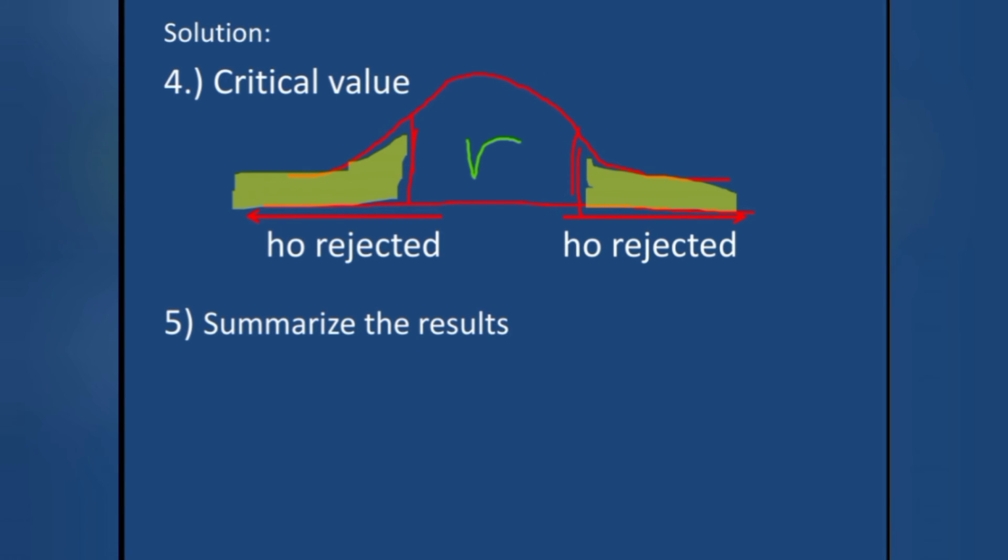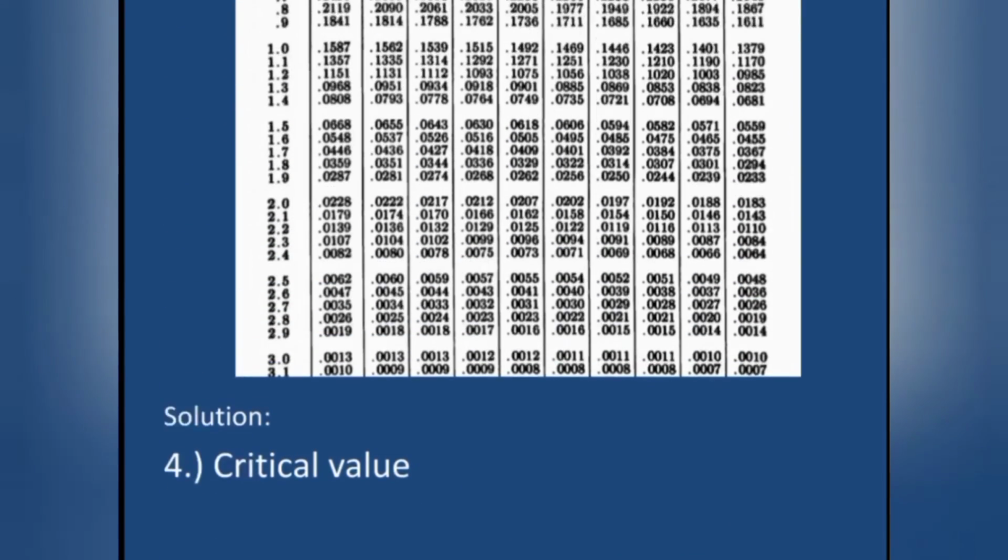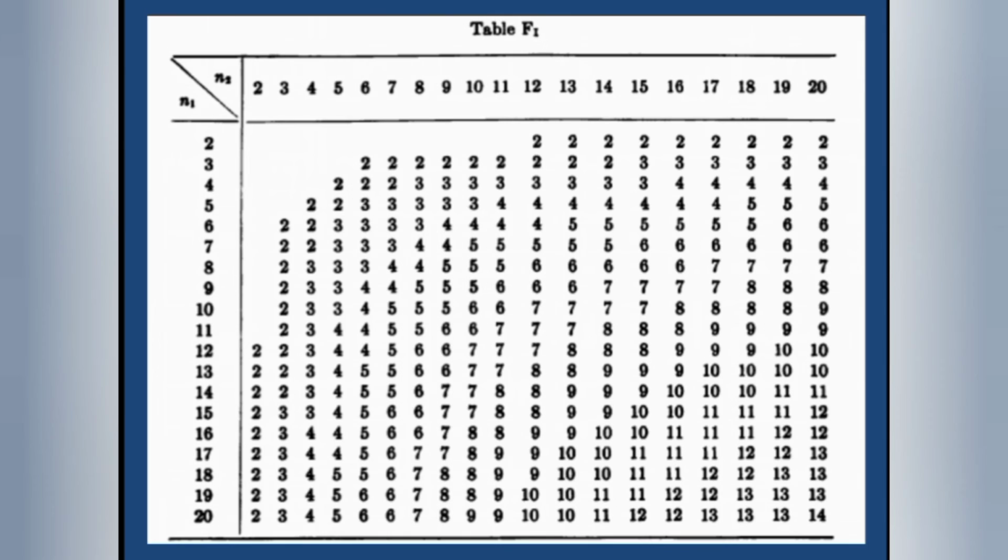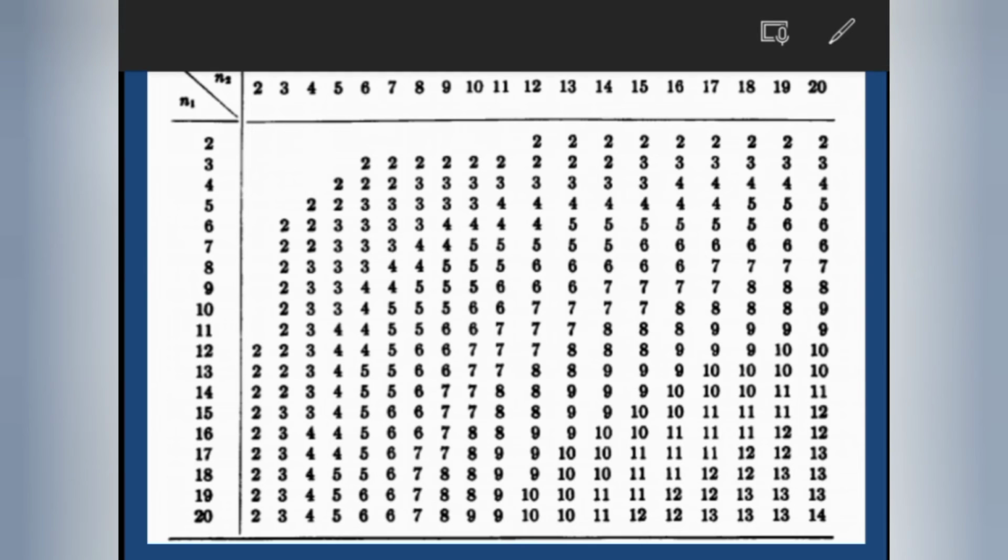Ngayon, pumunta tayo sa table para malaman natin kung ano ang value ng rejection region 1 at saka rejection region 2. Sa F1, rejection region 1. Our N2 is 6.